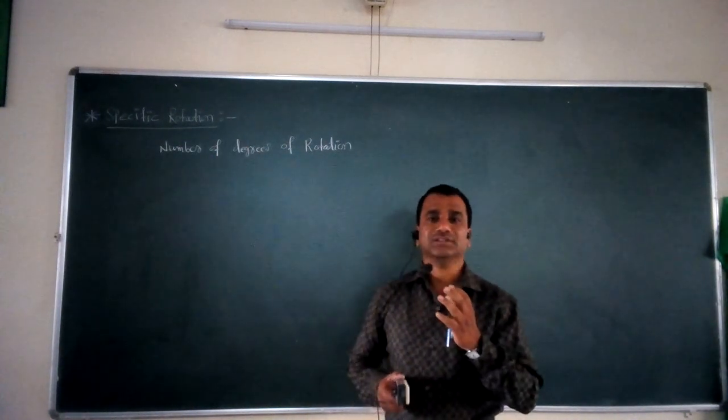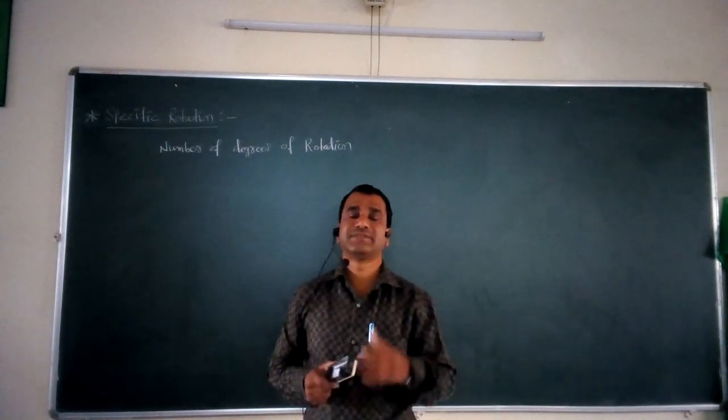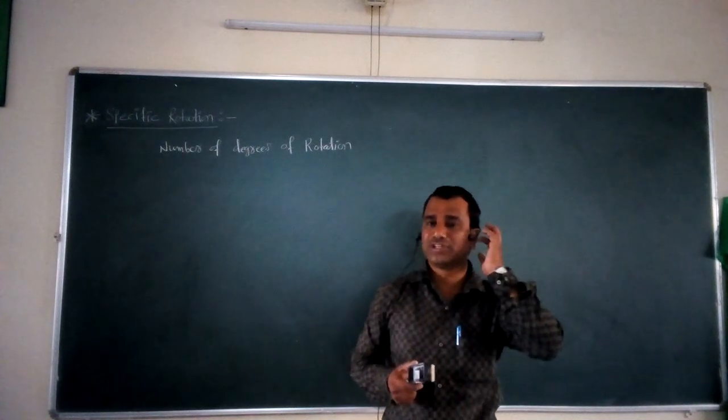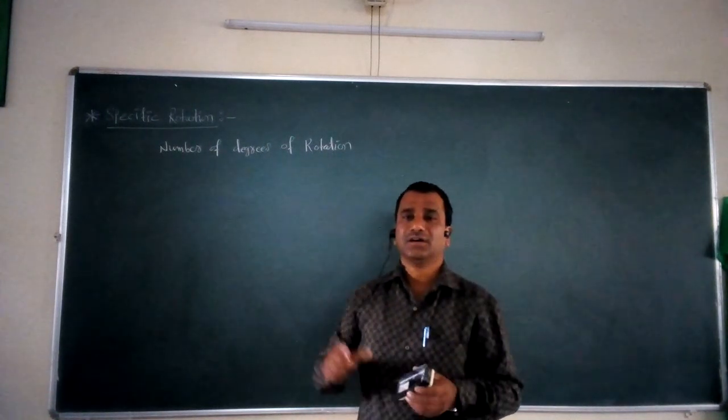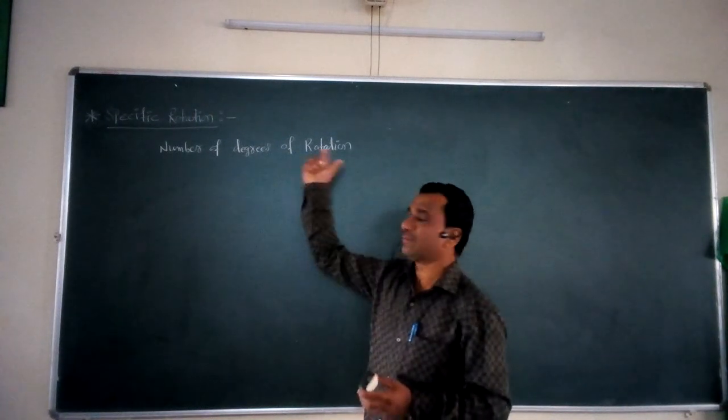So this is a new concept regarding optical isomerism, the specific rotation: the extent to which the solution of the molecule rotates the given plane polarized light through degrees of rotation.